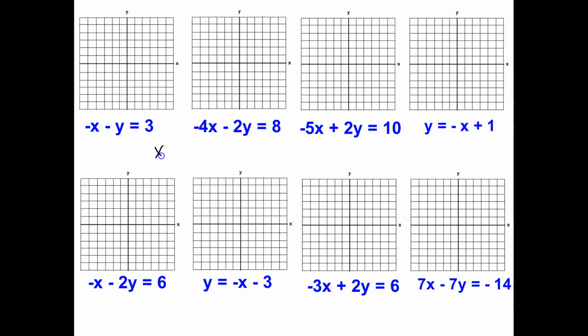To find the x-intercept, the x-intercept is equal to C divided by A. The y-intercept is equal to C divided by B. So this is Ax plus By equals C. C divided by A will give you the x-intercept. C divided by B will give you the y-intercept. This only happens when it's in standard form. When it's in standard form, you can use their shortcuts. If it's not in standard form, you can't use their shortcuts.